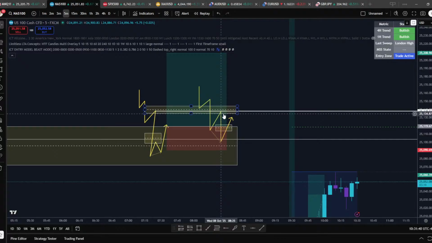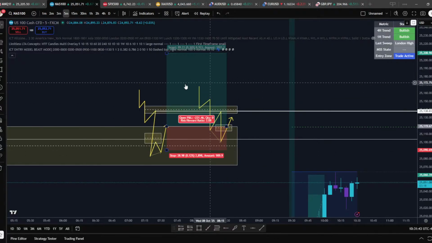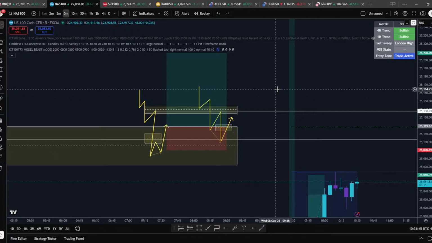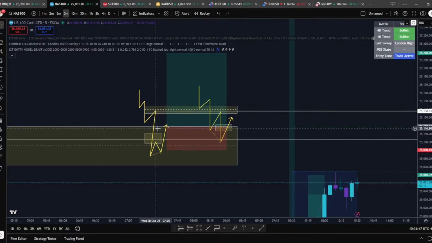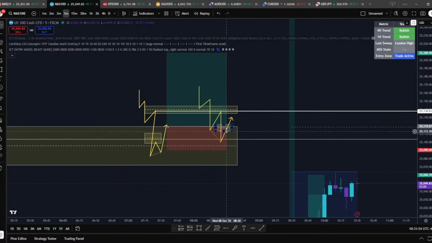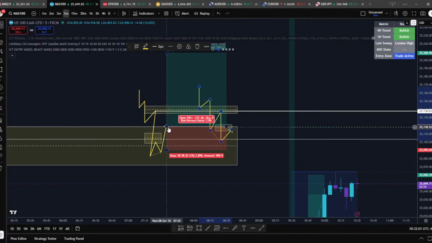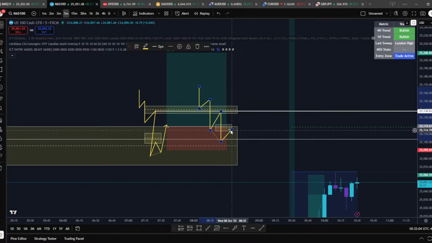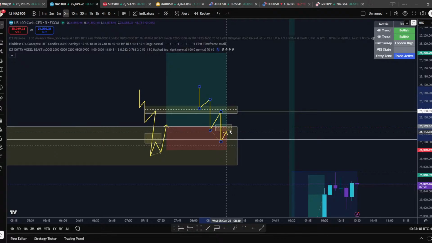Okay? That is why you will see me use the AMD setup a lot more, because I think it presents itself a lot more than the inverse, because the inverse relies on 2 pairs, NASDAQ as well as ES. You can't have ES do this, right? Respect this fair value gap and this one inverses. Why is this not going to work? It could work because ES could respect this fair value gap and start moving down.